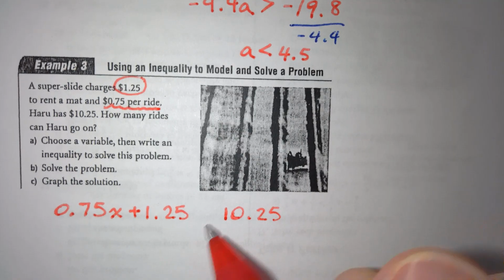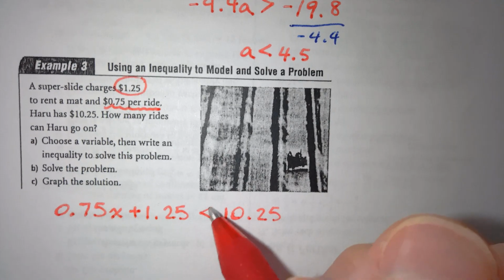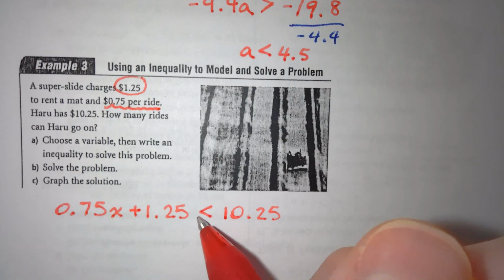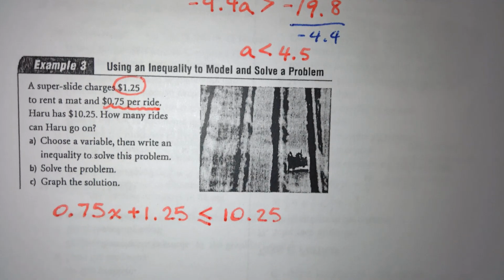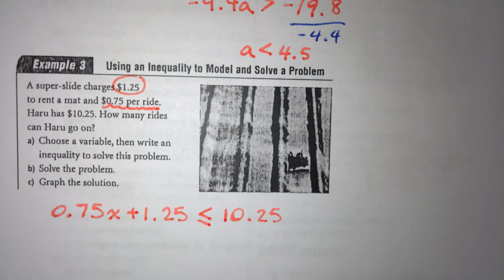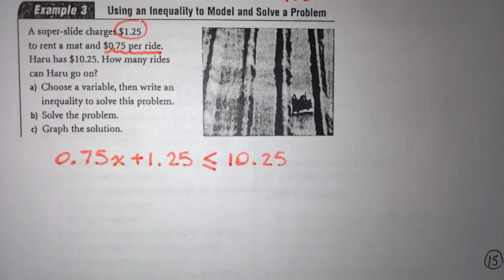So what sign should I put here? Right. Should it be less than or equal to? Less than or equal to, yeah. Because I could spend it all. I could spend all $10.25, not worrying about food or drinks or how to get home.